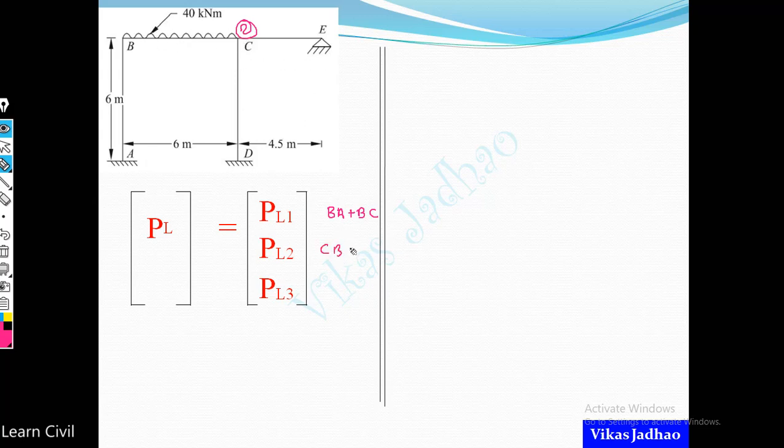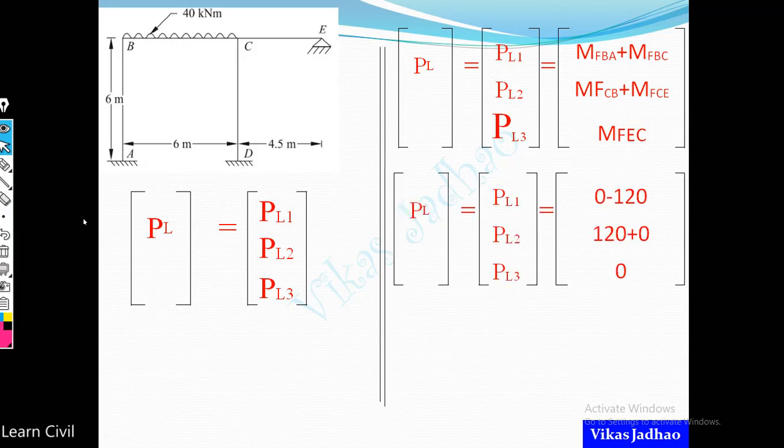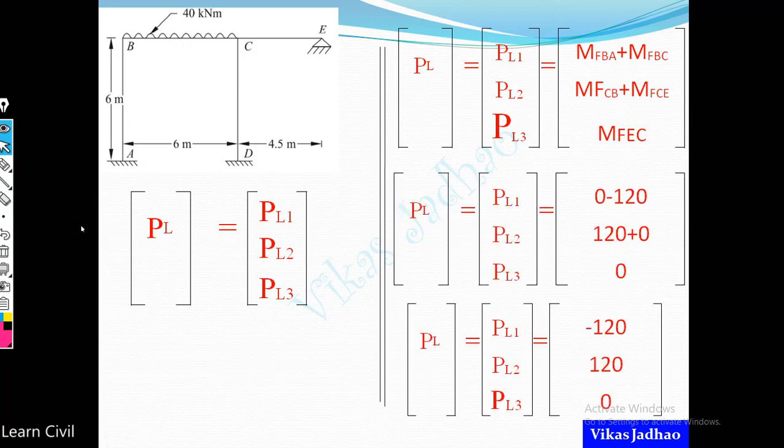PL3 is the summation of fixed end moments of all the members meeting at coordinate number 3 or joint E, so it will be MFEC. Just substituting the values of the moments, we get the PL matrix like this, that is minus 120, 120 and 0.